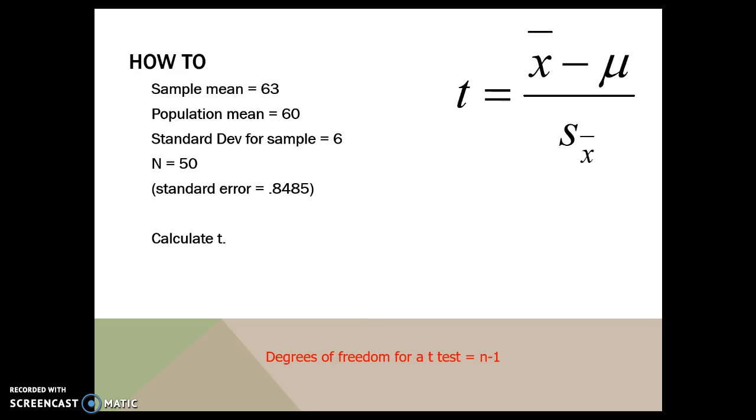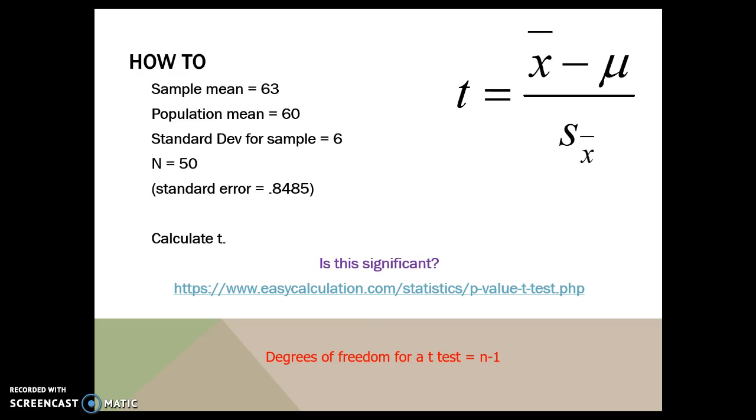And we get a t-value of 3.53, roughly. Again, we don't know if this is significant or not. So we have this t-value of 3.53, and we need to see, is it significant?